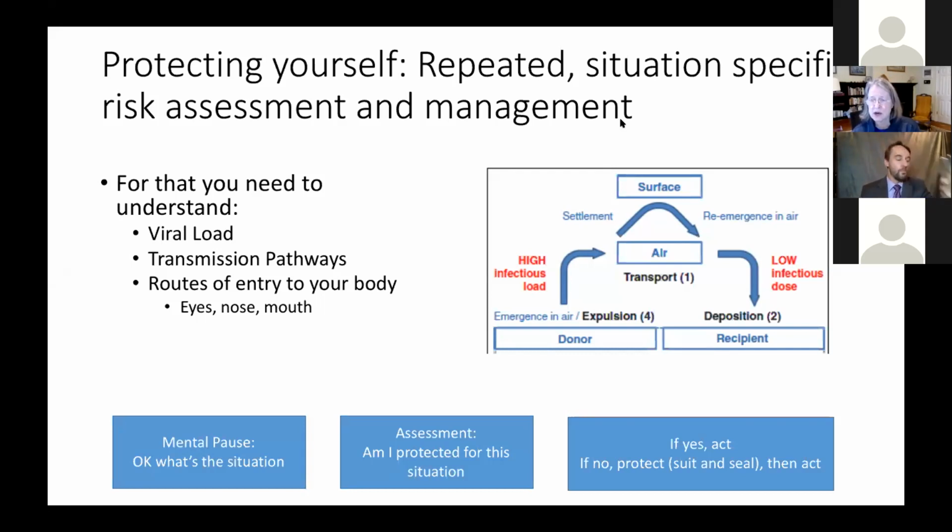You go, okay, what's the situation? Let me think in terms of this exposure transmission pathway. Then think, am I personally, as a healthcare worker, protected for this situation? And if yes, act. And if no, finish the protect yourself, the suit and seal, and then act. And Gavin will talk more about this.